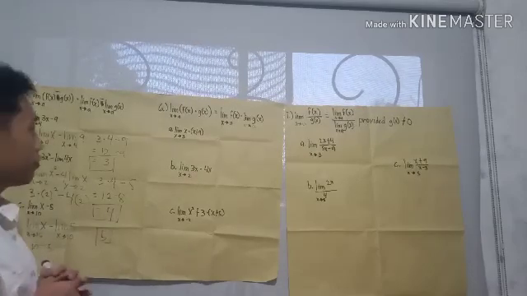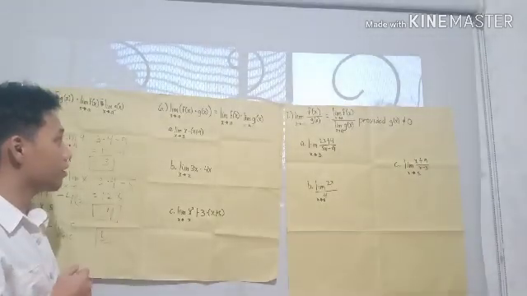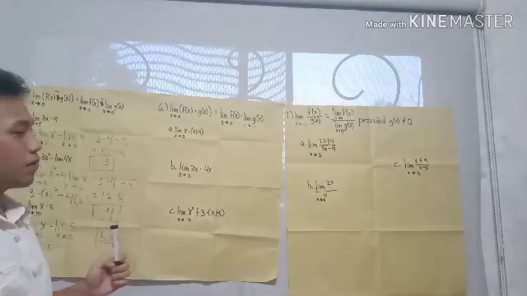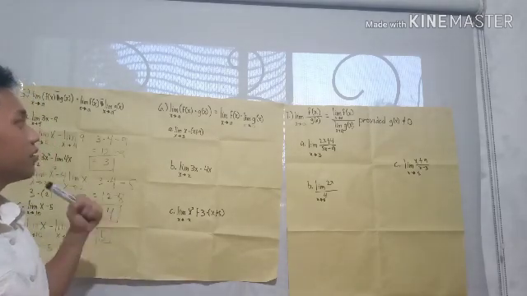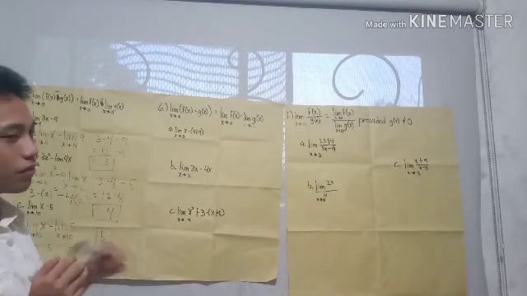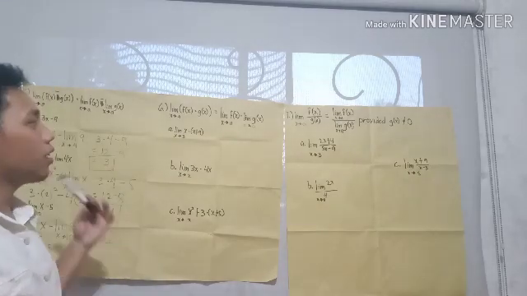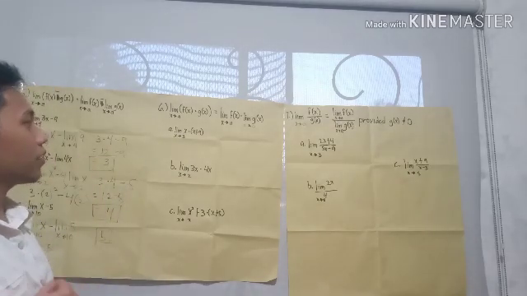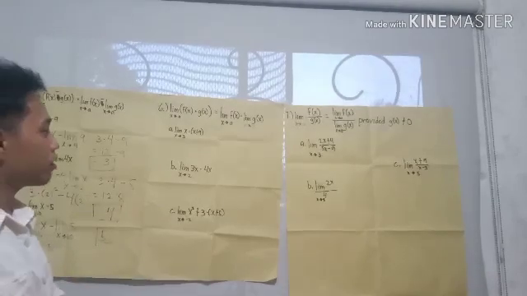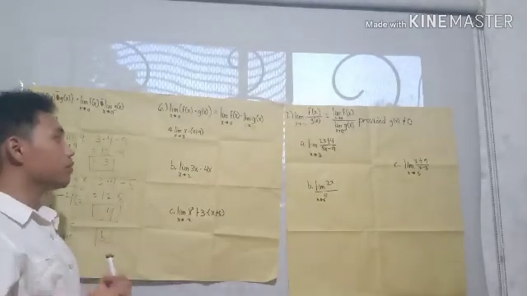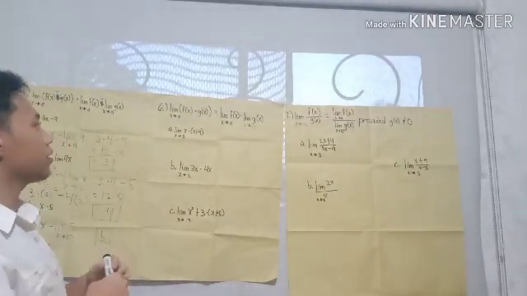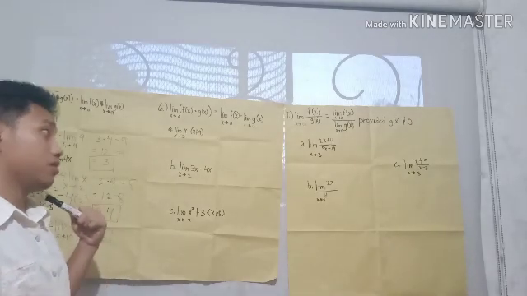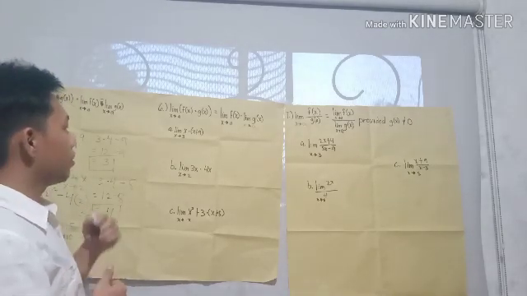The next theorem, which is the sixth theorem, is the limit of the product of f of x and g of x, which is equal to the limit of f of x multiplied by the limit of g of x as x approaches a. So example A, which is the limit of x multiplied by x plus 9.